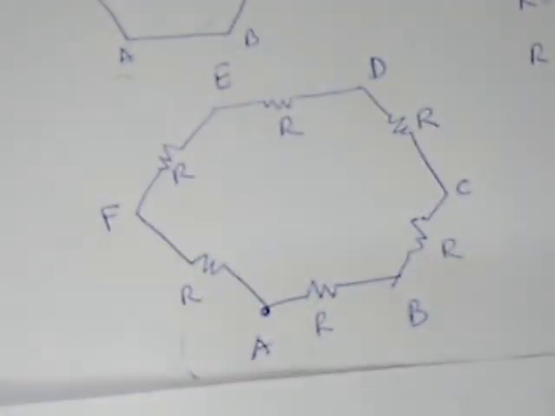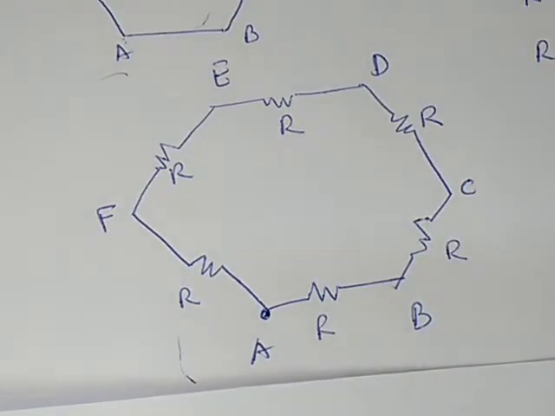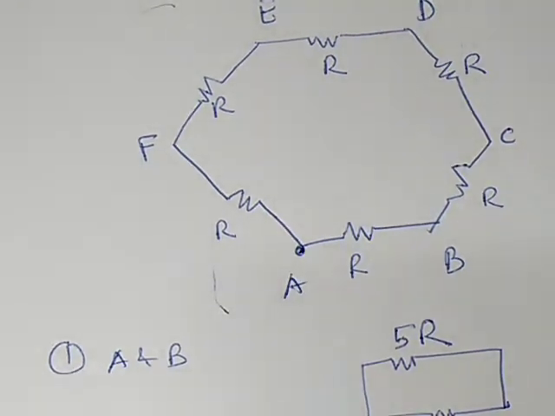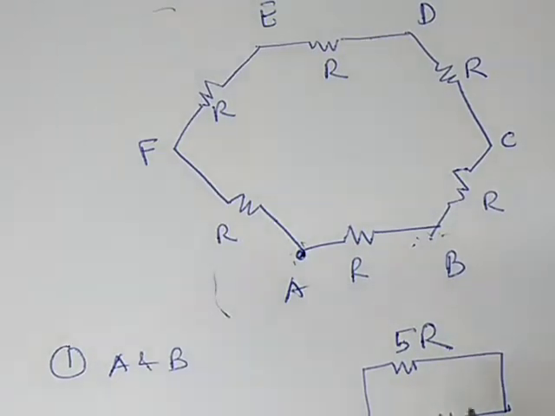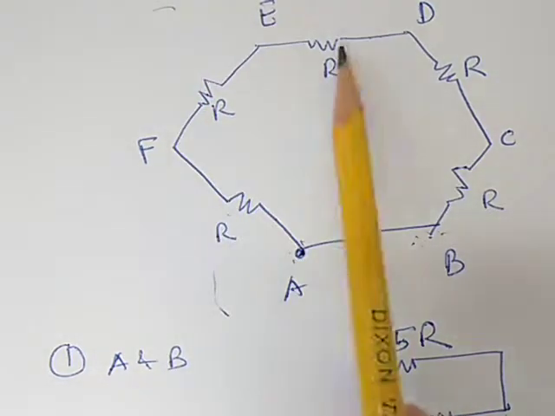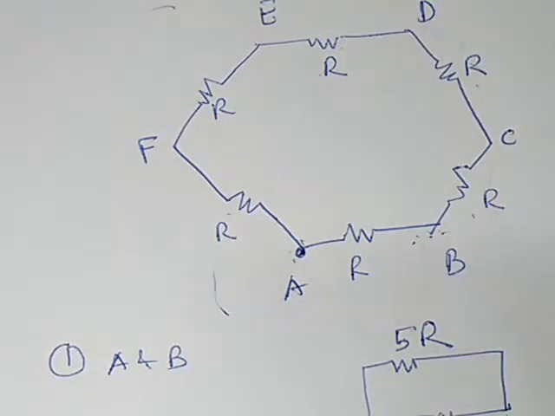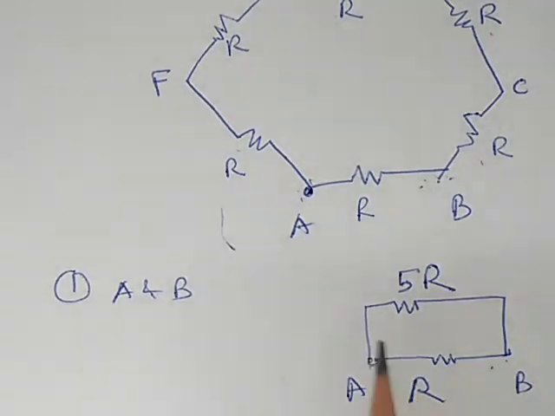Let us try to find out the resistance between A and B. When we are trying to find the equivalent resistance between A and B, we have this resistance R between A and B, and all other 5 resistors are in series, 1, 2, 3, 4, 5. So the equivalent resistance of these 5 series resistors will be 5R.